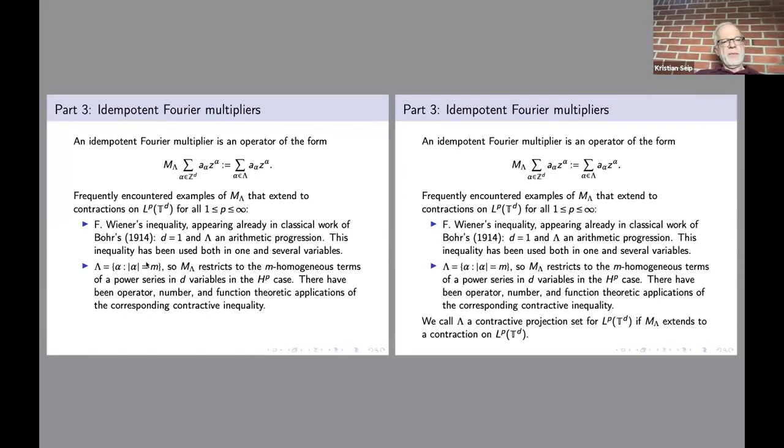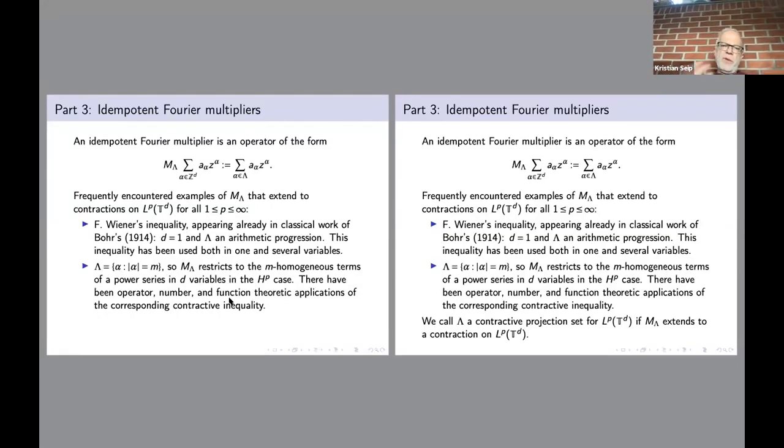When you are dealing with M homogeneous terms, you also have contractive inequalities, and this inequality has been used by many people. It has been used in operator theory, in number theory, and in function theory. It's a very useful and nice inequality to have.